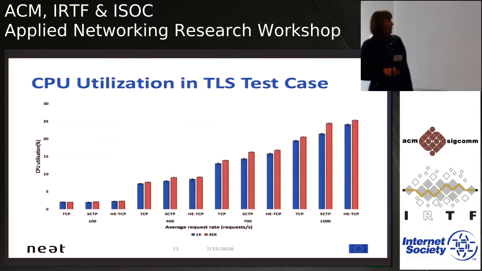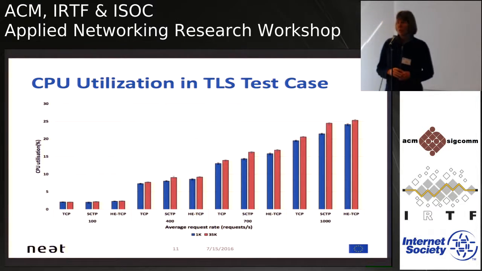Next slide. So looking at the same set with the CPU utilization, we can see that the difference between the protocols are now much smaller. So the cost from going to TCP to the happy eyeballs TCP is smaller also for the smaller objects.